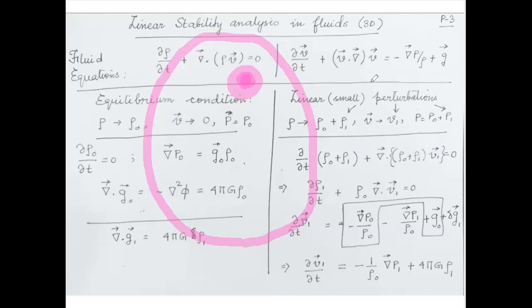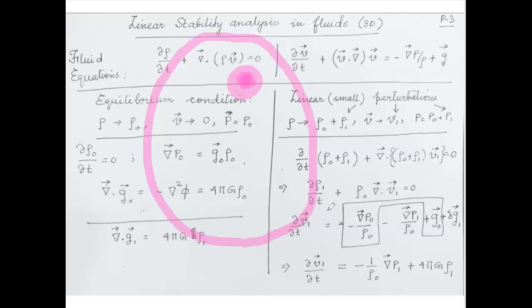Here we have assumed that the perturbations are linear, which means it's a small perturbation. So rho 1 is much smaller than rho 0. V1 itself is small, and V0 is 0. So this rho 1 times V1 term, which is small times small, can be neglected. So that term we have thrown out.